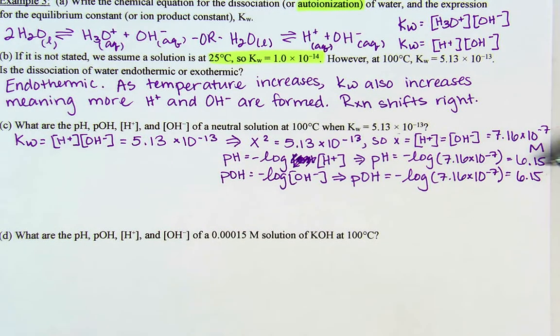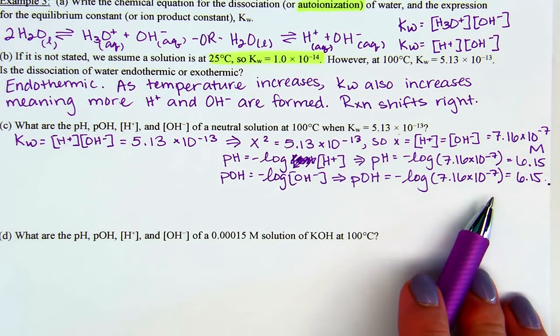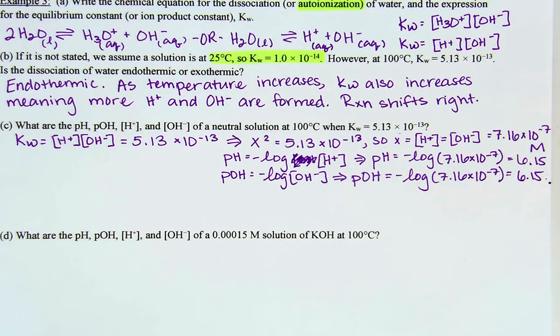So when you have pH that equals pOH, they're the same molarity here, you know that that solution is neutral. Yep, we figured out our pH, pOH, and our H plus concentration.